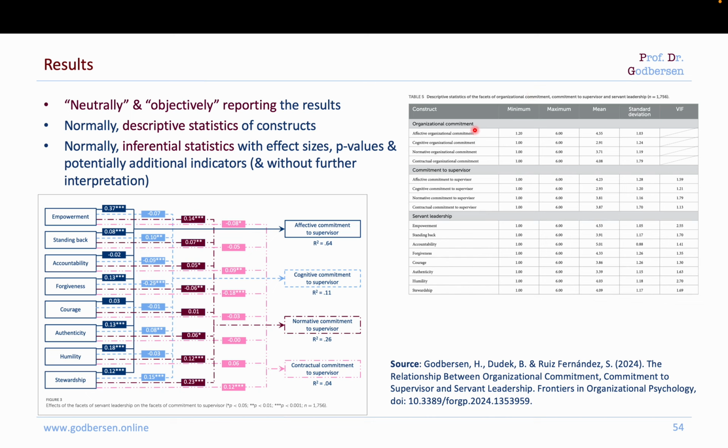For the facets of organization commitment, of commitment to supervisor, and the facets of servant leadership, we reported the minimum value, the maximum value on our scale from 1 to 6, and the arithmetic mean. Furthermore, we reported the standard deviation.